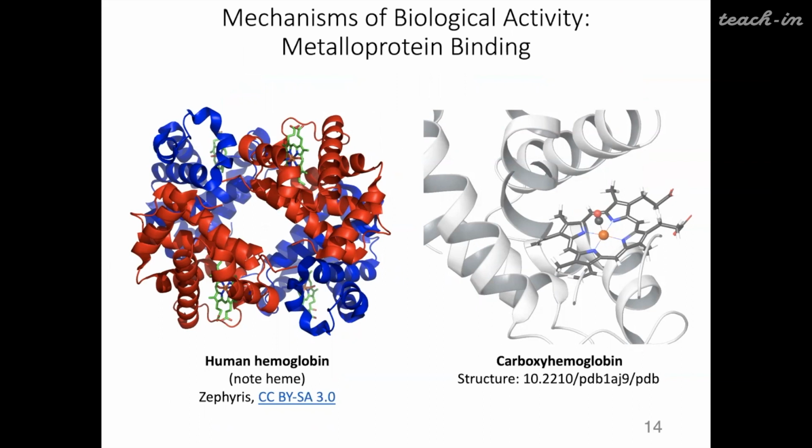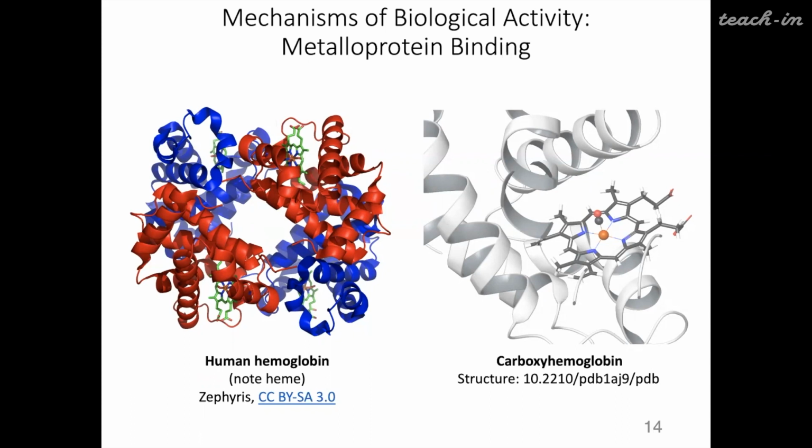Considering covalent binding, we can mention the toxicity of carbon monoxide. For example, here there is the human hemoglobin structure, and you can note the heme molecules, and here I've depicted the structure of heme with the carbon monoxide ligand.